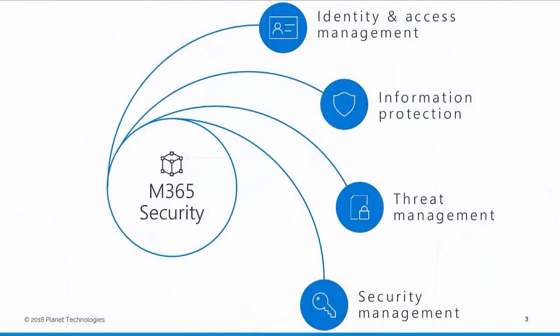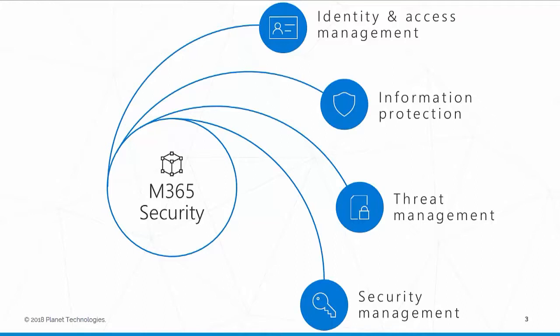So when you look at Microsoft 365 security, there's four primary pillars when it comes to the security arena. The first one's identity and access management, where you're focusing on the identities of your users themselves, how you access systems, how you prevent people from accessing your systems. Also, you have information protection in terms of protecting your information, your data across your tenant, across your devices, and making sure that the bad guys don't get access to it.